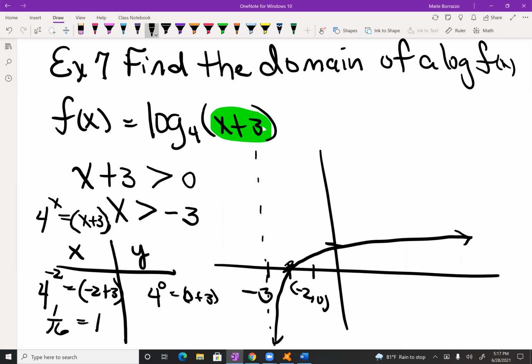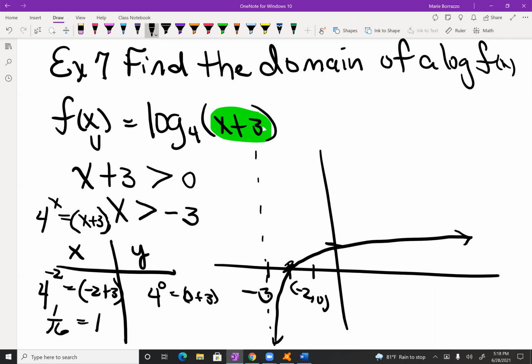Professor, can I ask you a question? Could you do the graph of 4 to the x and then do its inverse and then get all the x values and subtract them by 3? Can you do that? For this one? Yeah, I think you could, potentially.